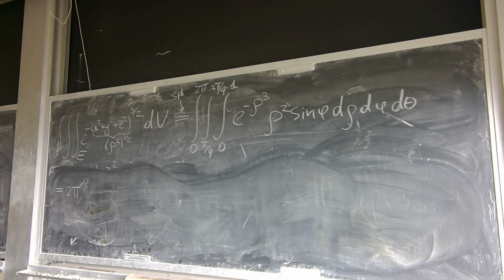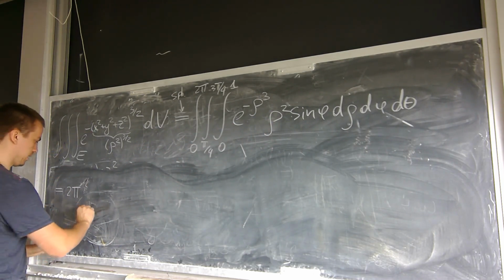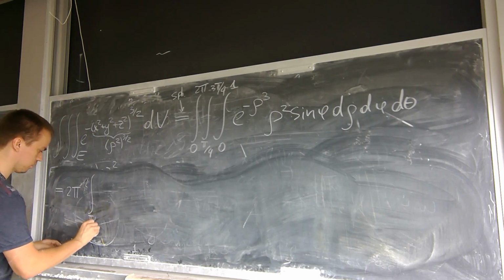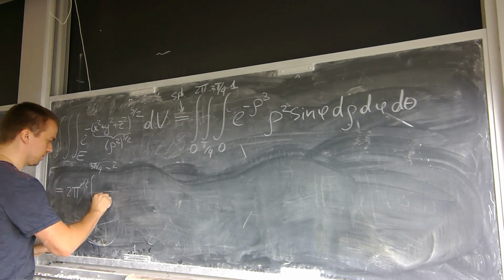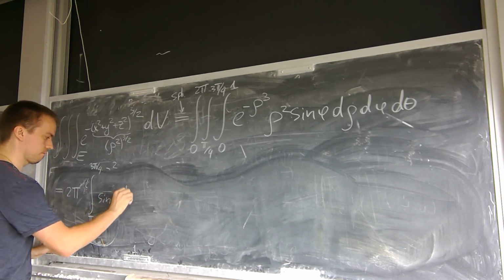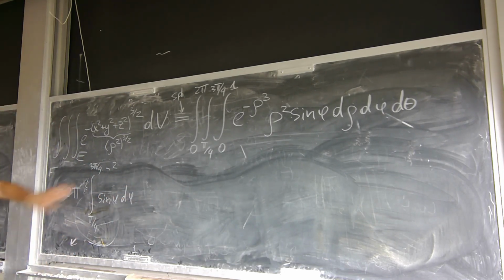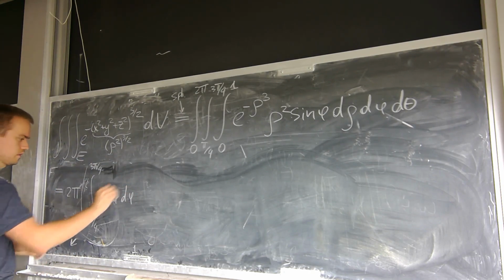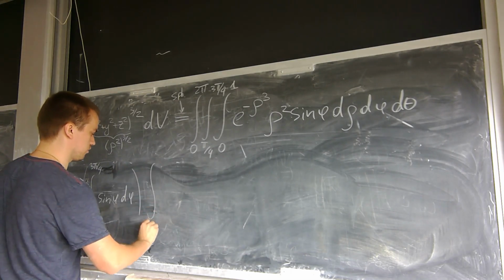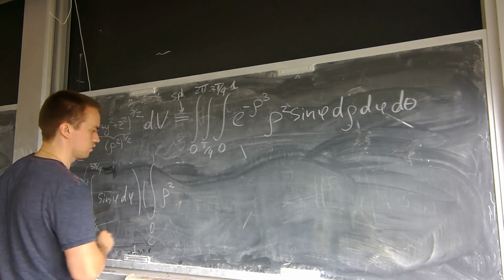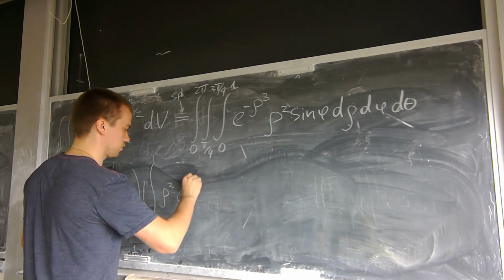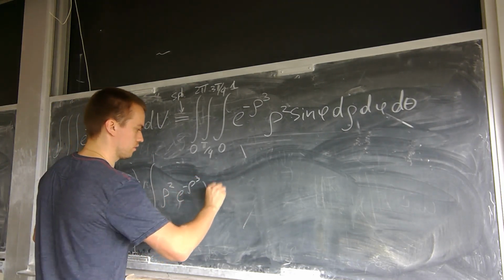I can split it right now because my bounds are numbers. So I have the integral from pi over 4 to 3 pi over 4 of sine phi d phi, times the integral from 0 to 1 of rho squared e to the negative rho cubed d rho.